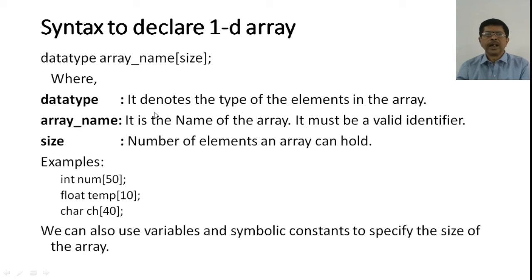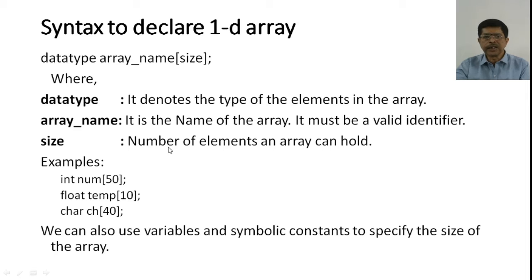So now let us discuss the syntax to declare a one-dimensional array. Data type, array name, and into square brackets we have to specify the size. The data type is the type of the elements in the array, and the array name is the name of the array, and it must be a valid identifier or variable.